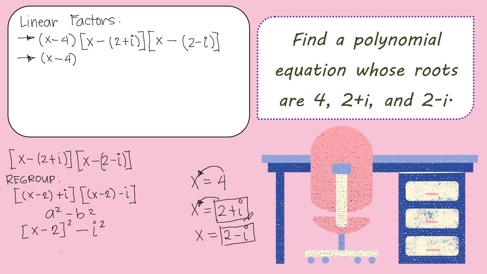So now let us evaluate this one, x minus 2 squared. So that is square of two terms, squaring a binomial. So we will have x squared minus 4x plus 4. This is the product if we're going to multiply x minus 2 with itself.